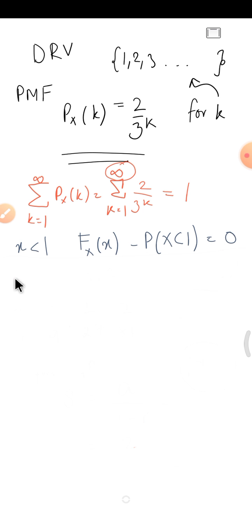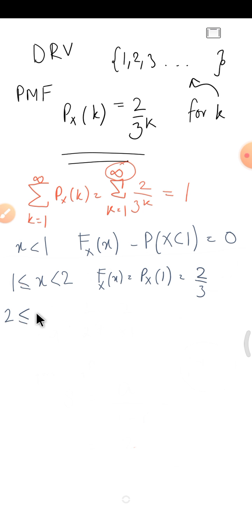For the range 1 to 2, where it's a closed bracket for 1, x can only take the value 1. So we will put k equals 1, and we will get F of x equals P of 1, which will be equal to 2 by 3.